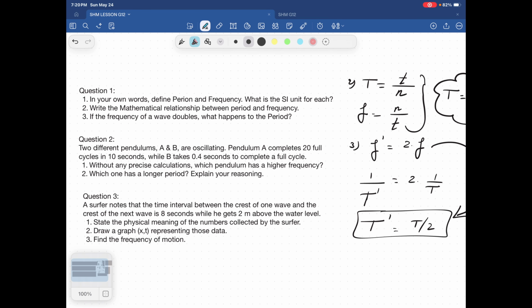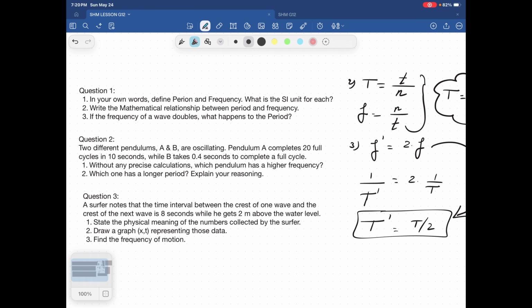So the time is equal, T_A is equal to T_B. Thus, we can conclude that the frequency of A is bigger than that of B.